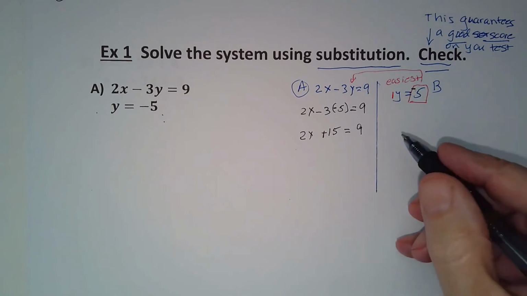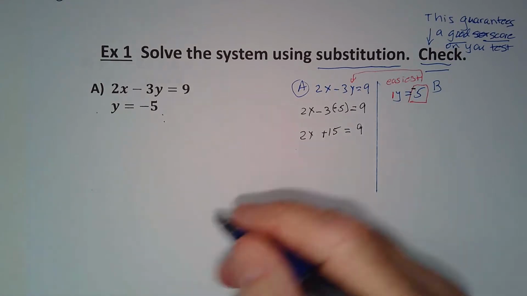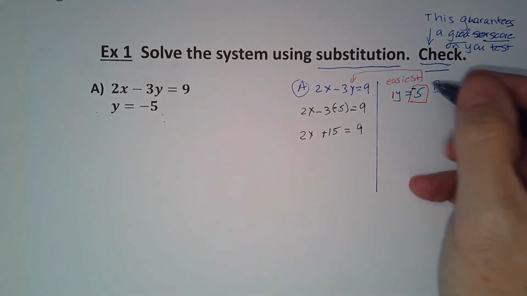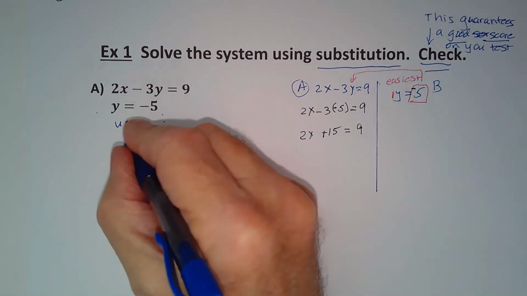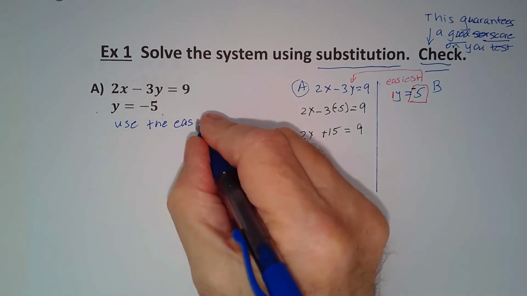Now we can go ahead and use substitution. Let me use my other pen here. So again, going back to the beginning, we use the easiest variable to start.